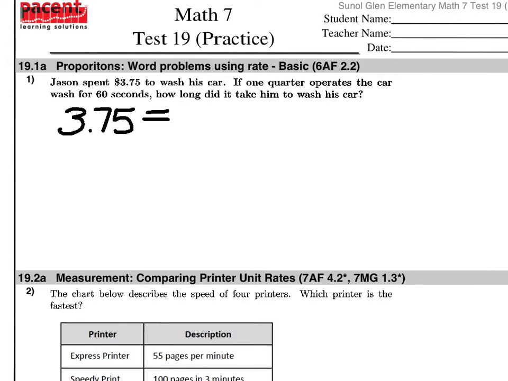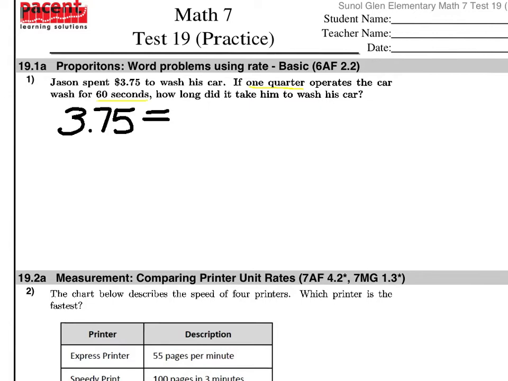Okay, do we know how many seconds he washes his car? No, we don't. What we do know is that he has to pay 1/4 for every 60 seconds. Okay? And so what we're trying to say is, how is he going to get to 375?